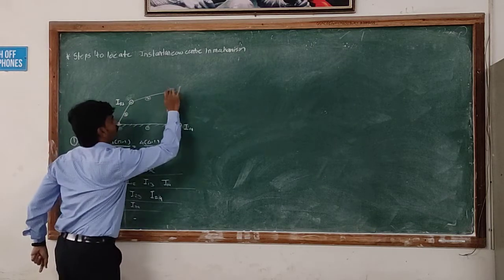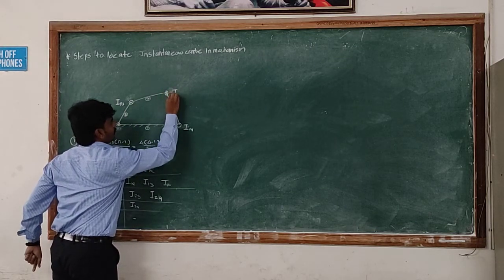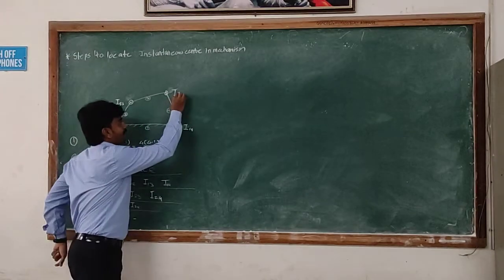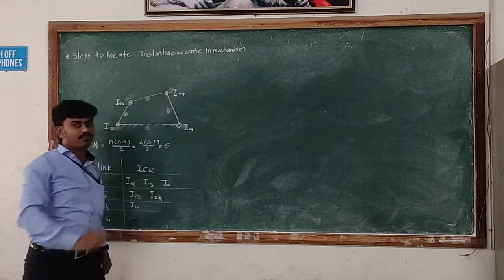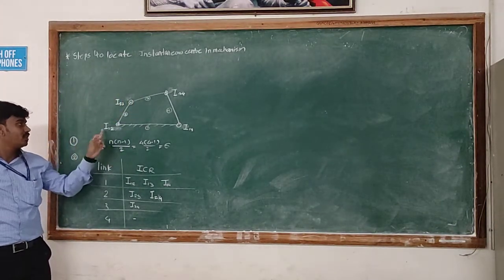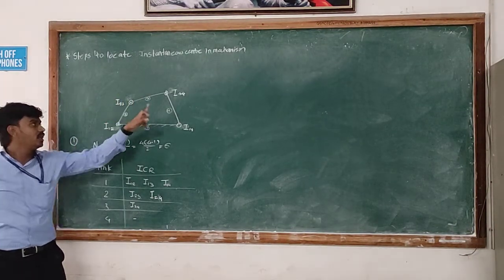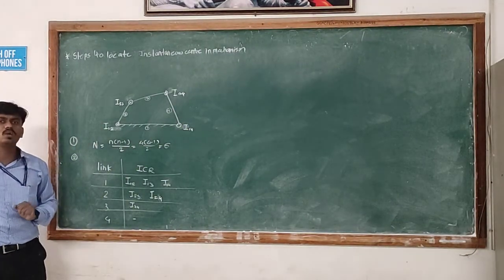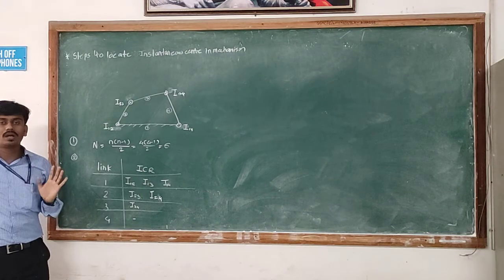And here is another instantaneous center, common between link 3 and link 4, so it is I34. Okay, so we have located four instantaneous centers: I12, I23, I34, and I14.